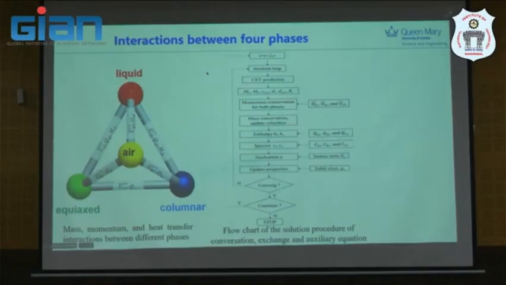The mass and species transfer only occur from liquid to equiaxed grain and liquid to columnar grain, but the momentum and energy transfer are carried in all four phases.